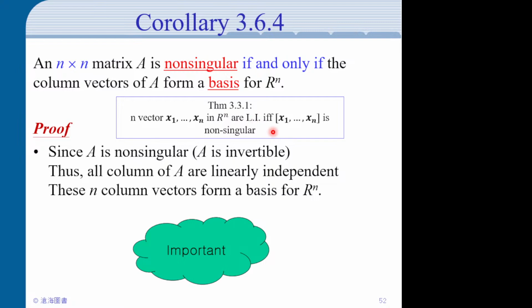Okay, so the proof has two directions. The first direction is if they are a basis, then the vectors are linearly independent, and by 3.3.1, the matrix is non-singular.